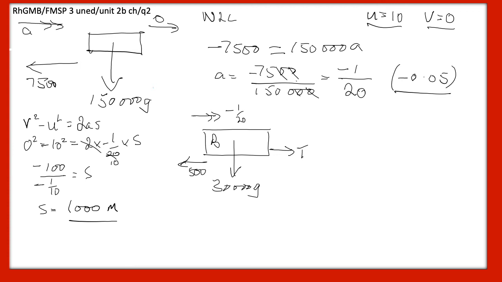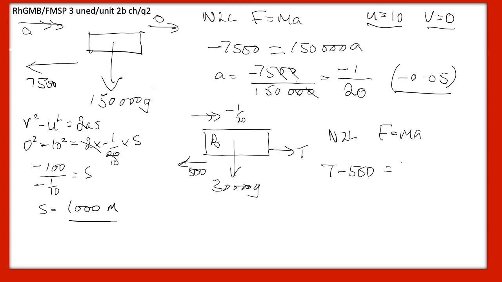And yet again, I'm using my trusty N2L. Now, I didn't write it this time, so I suppose I ought to. It's always a good idea when you're using formulae to make sure you quote them, and quote them properly, because if you misquote it, silly you. Right, force equals mass times acceleration. So what I've got is T minus 500 because of the senses that we're working in.